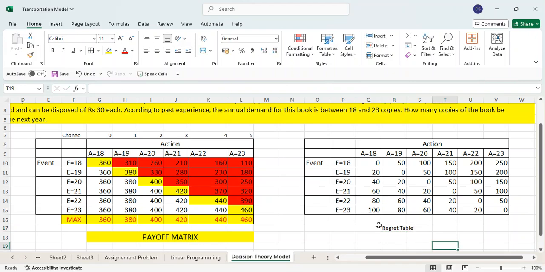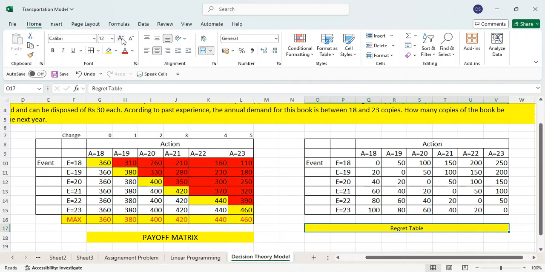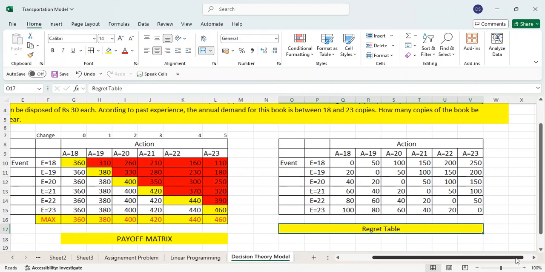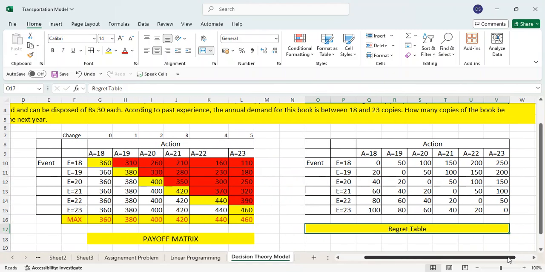But till now, you have learned how to prepare your payoff matrix and how to develop a regret table, because every person takes a particular decision in a different way. Hopefully you can now prepare both tables in a correct manner.